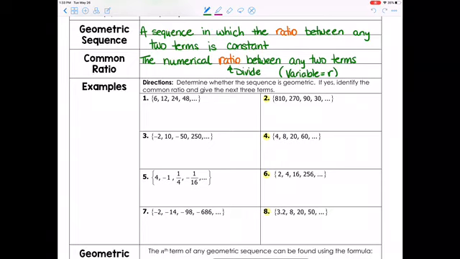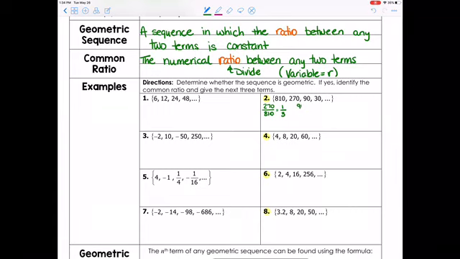To find our ratio, we want to take the second term and divide it by the first term. So if you take 270 divided by 810, 270 divided by 810 is 0.3333, which is 1/3 for our ratio.